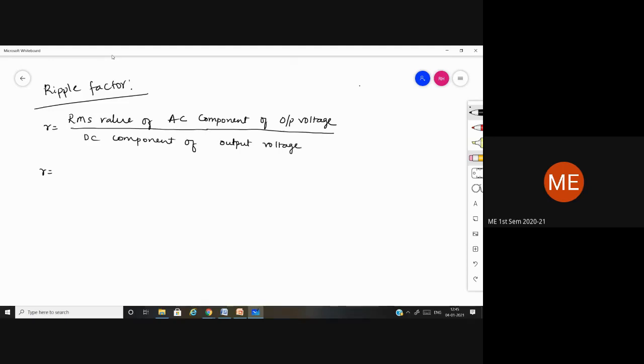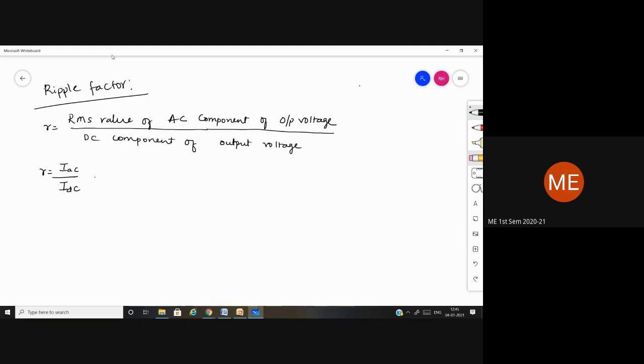I was telling you in the last case that RMS value is nothing but the AC or DC value. It is almost AC. So we take r is equal to IAC by IDC, since we are taking the RMS value of the AC component.